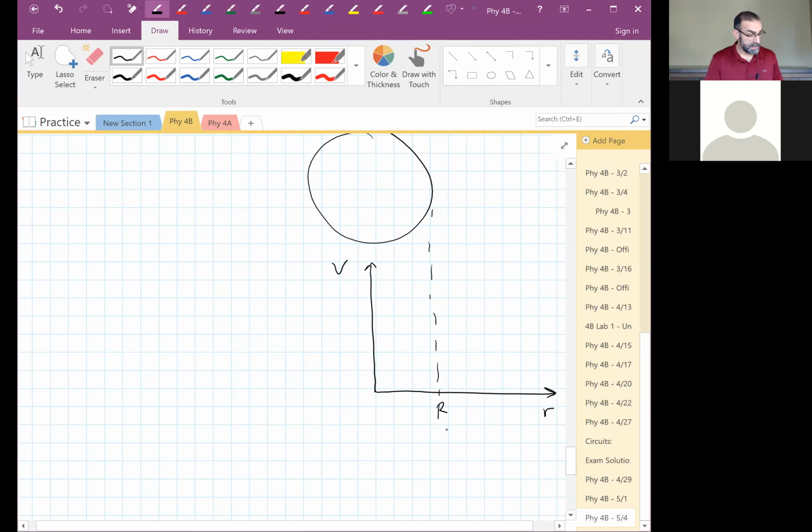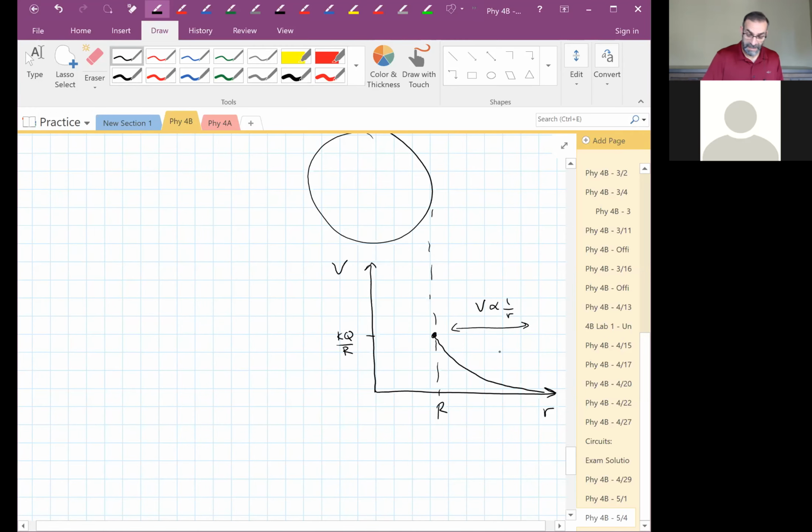We know what it is outside the charge distribution, right? If we go outside the charge distribution, it starts at the surface. At the surface, it starts at KQ over capital R. That's what it is at the surface, and it drops off as 1 over r as you move away, right? V proportional to 1 over r.